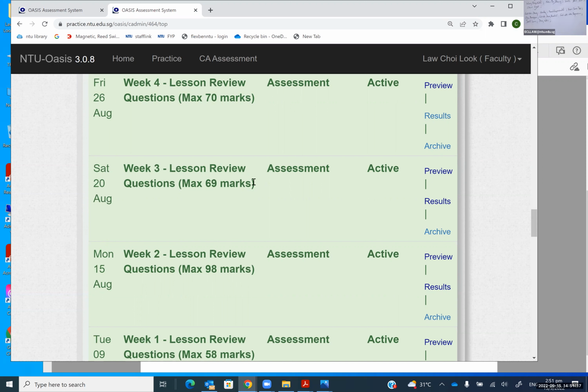You notice the earlier ones are more calculations. Although you're going to choose your answer A, B, C, D, E, nevertheless, it's calculation: you calculate, then you choose from there.